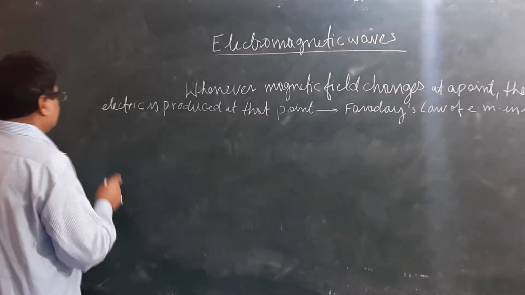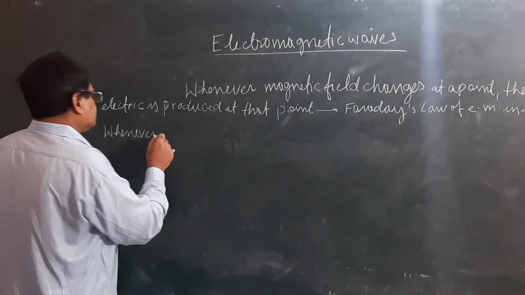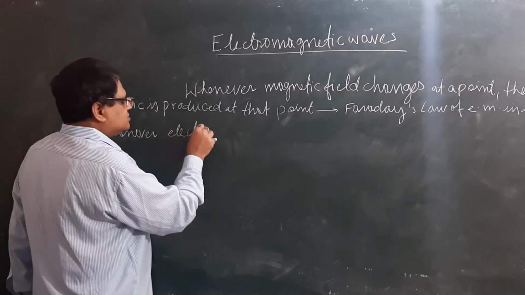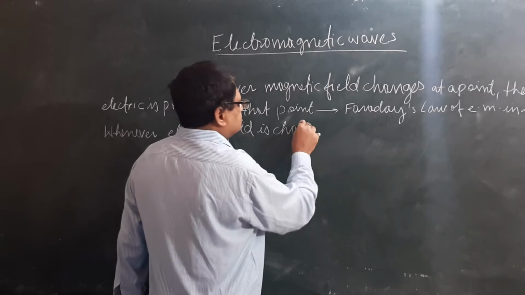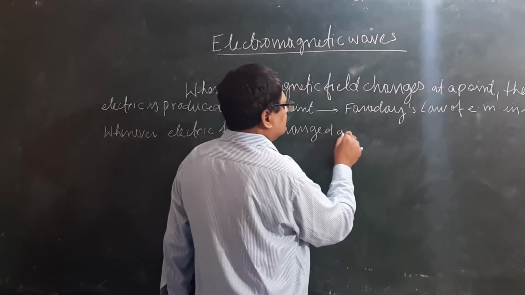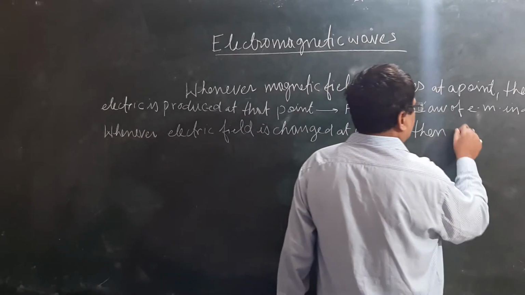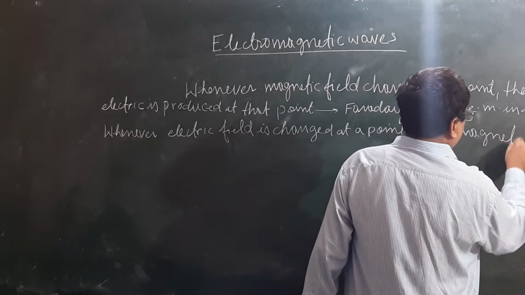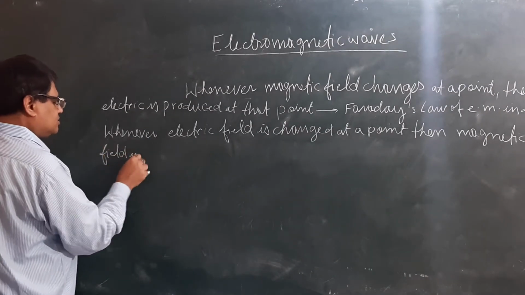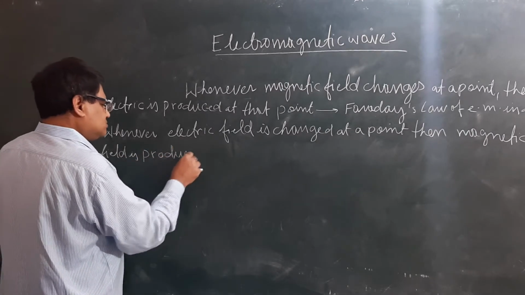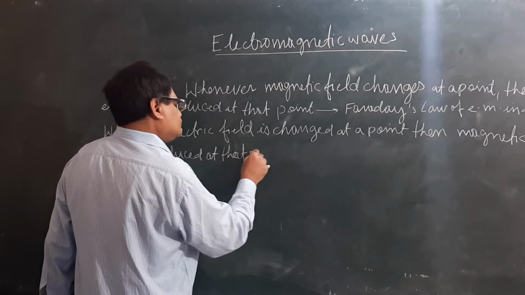So we can also write: whenever electric field is changed at a point, then magnetic field is produced at that point, right?